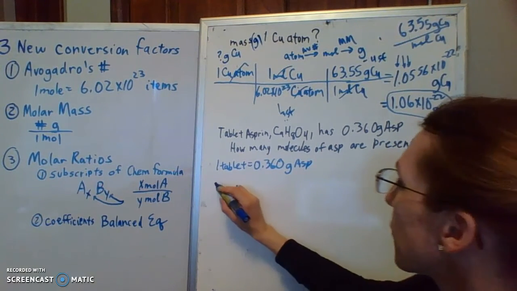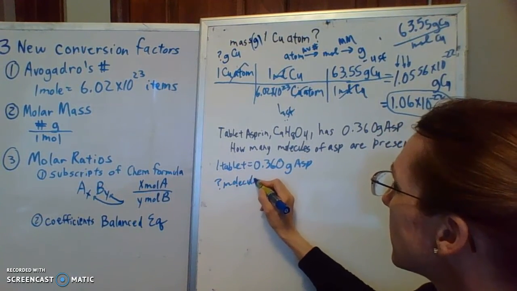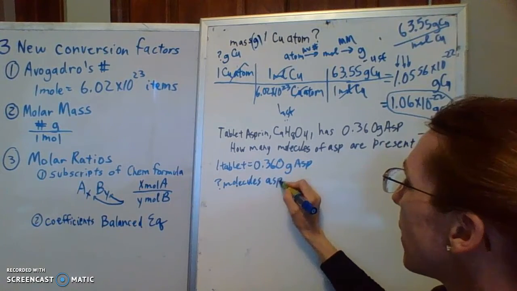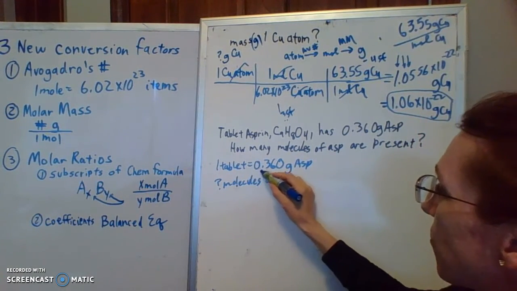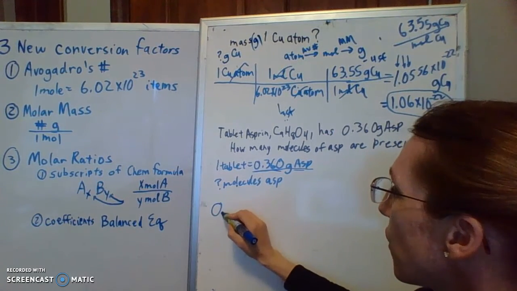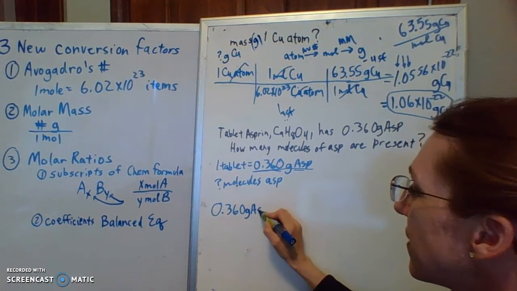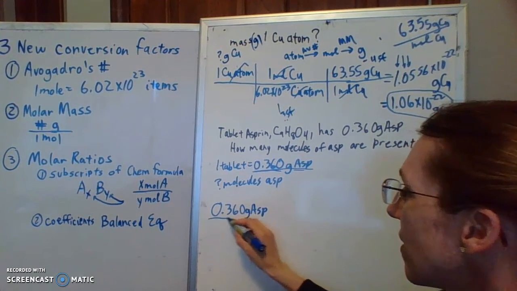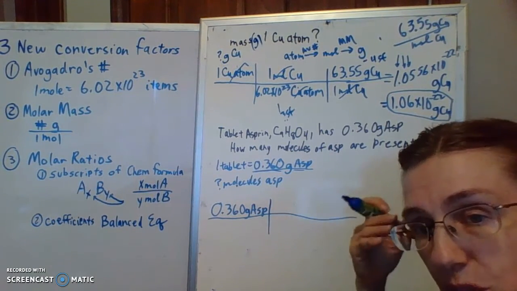And it asks us for how many molecules of aspirin are present. Okay. So we're going to start off with the grams of aspirin that we're given. We've got 0.360 grams of aspirin, and we need to figure out how many molecules that is in that aspirin. So let's think through our logic.